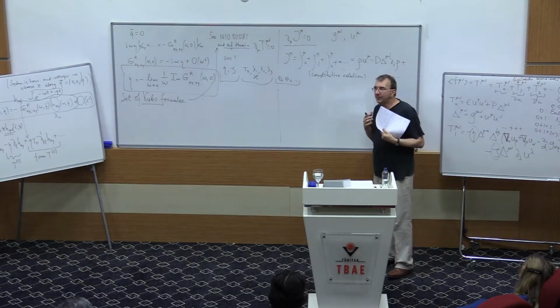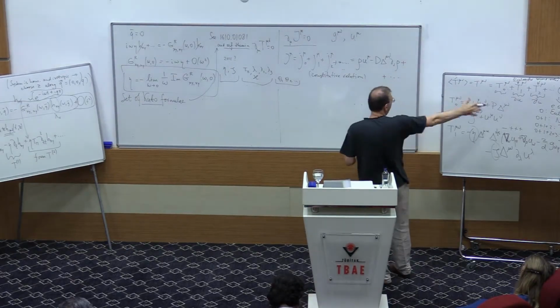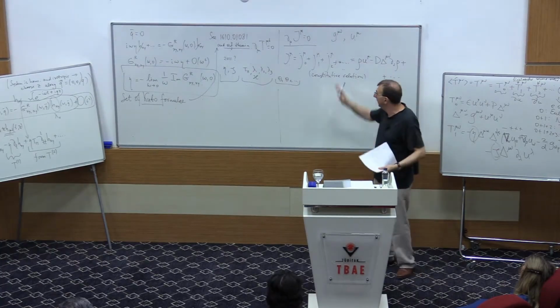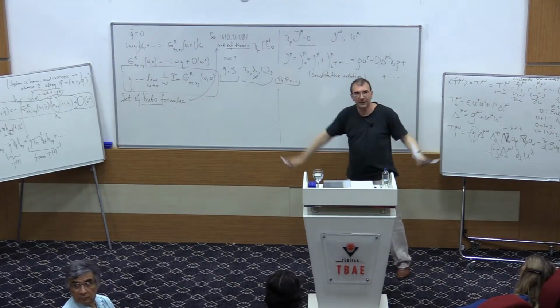But if you want to appreciate the physical meaning of the constitutive relation here, or for example for T mu nu, it's better to write it in the rest frame of a fluid, right? Because this is written generically for a fluid which is moving with 4-velocity u mu.